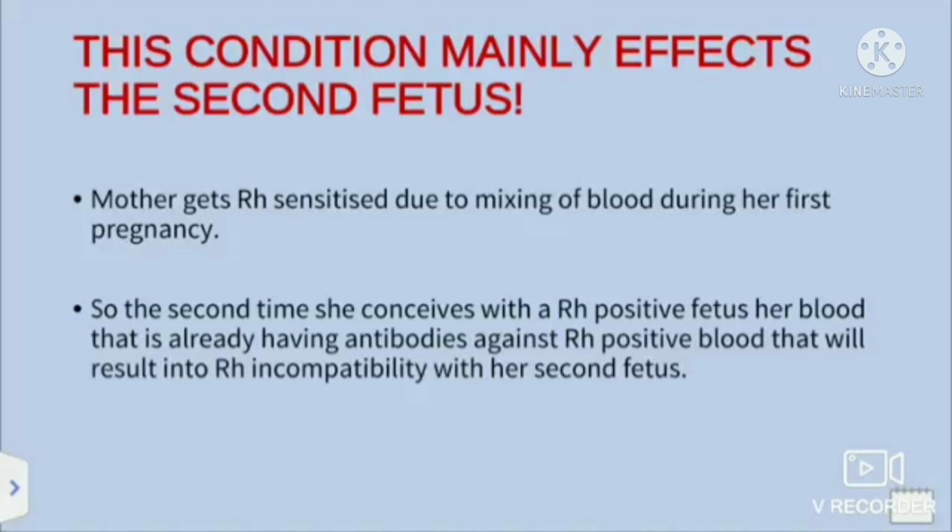It is also important to know that this condition mainly affects the second fetus. For example, if there is mixing of the blood during delivery, the first child will come out safely.